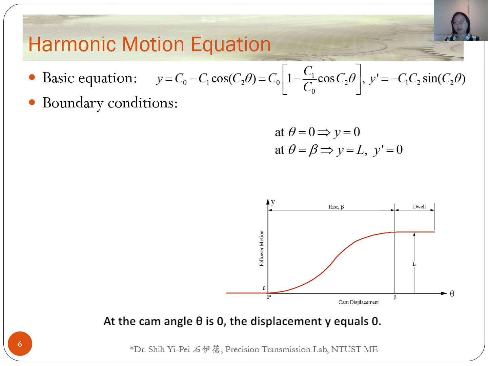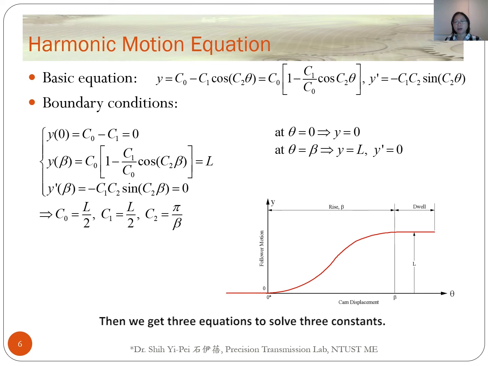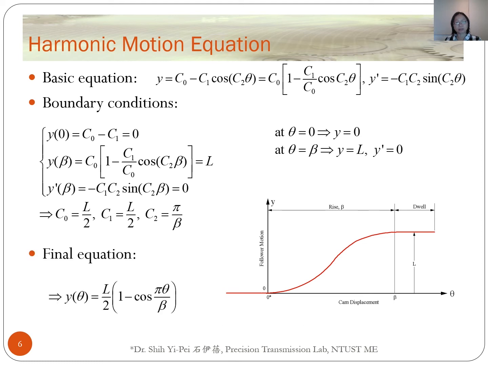At the cam angle theta equal to 0 degrees, the displacement y equals 0, and at theta equal to beta, the displacement y equals L, and its first derivative equals 0. Then we get three equations to solve for the three constants. Substituting all the constants into the basic equation, we get the final equation like this.